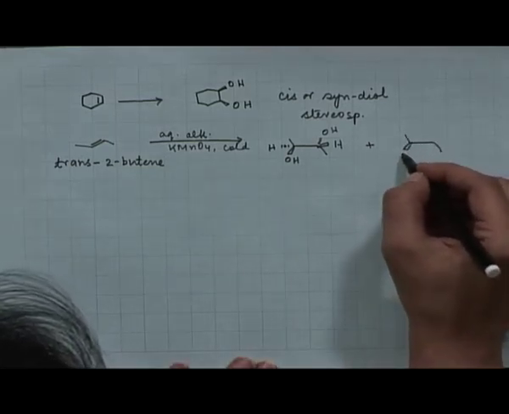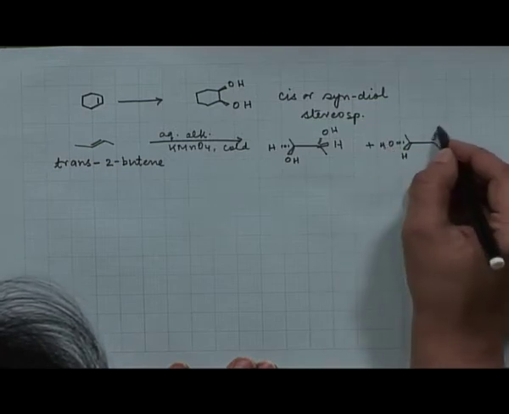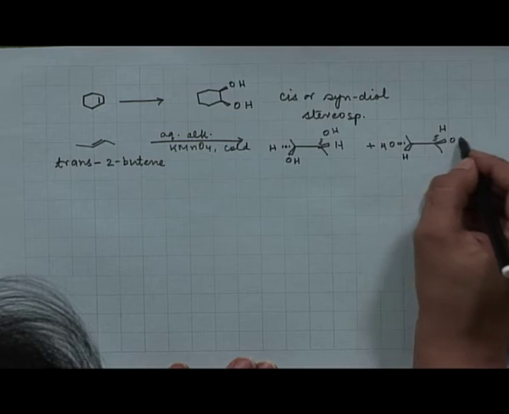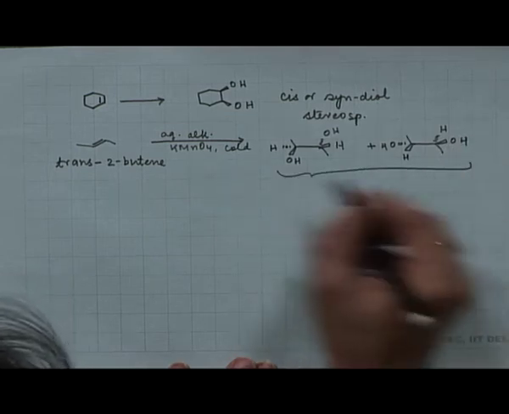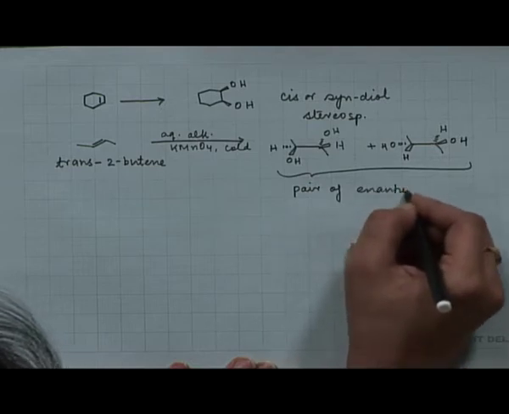Which means that you get a pair of enantiomers, you get a DL mixture, a racemic mixture of the two products. So, this is the case with trans 2-butene.